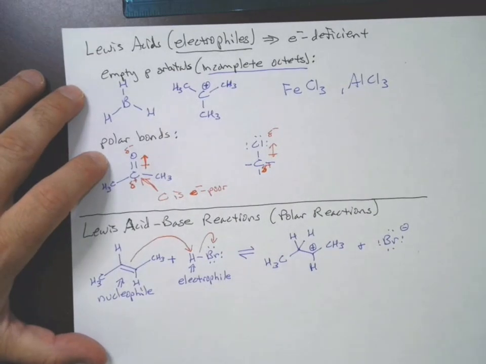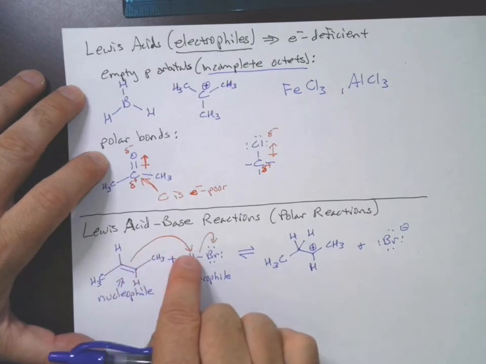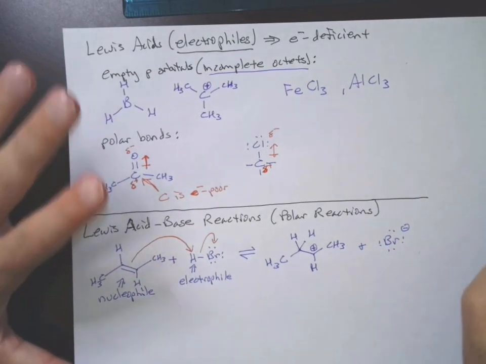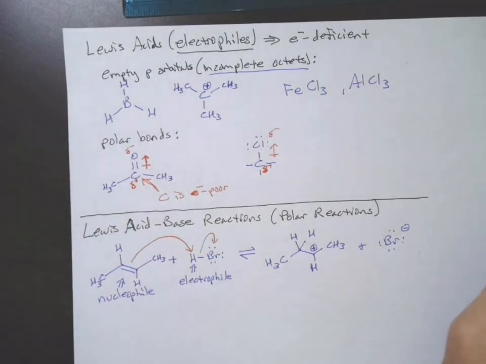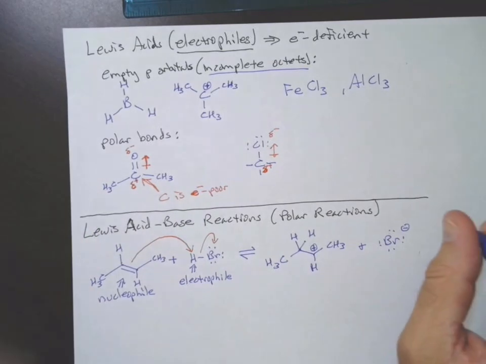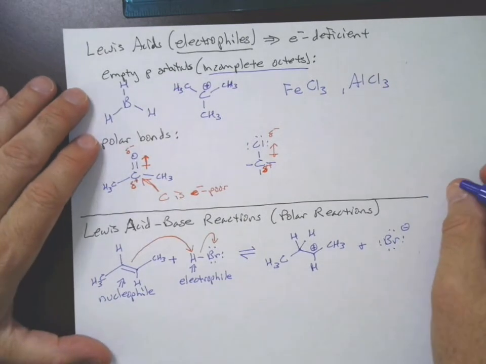So my charges are conserved, that's good. But now I have my nucleophile reacted with my electrophile to make a new bond. So that's one feature with Lewis acids and bases: when your Lewis base reacts with your Lewis acid, when your nucleophile reacts with your electrophile, you form a new covalent bond.